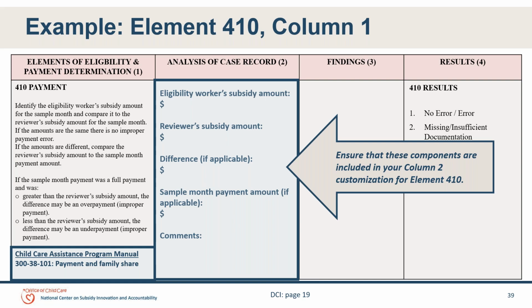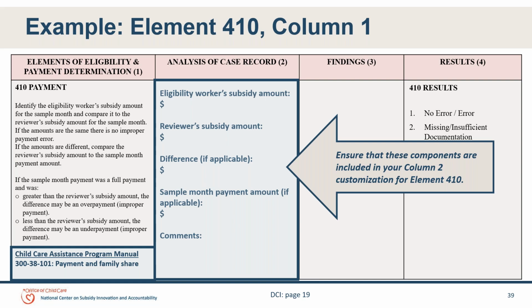And in column 2, again, you're going to go in and customize this, but we're really looking for a few specific things here, more so than in previous elements where there's a lot more flexibility for states in the customizations. We need to see a place to record the eligibility worker subsidy amount and the reviewer subsidy amount.